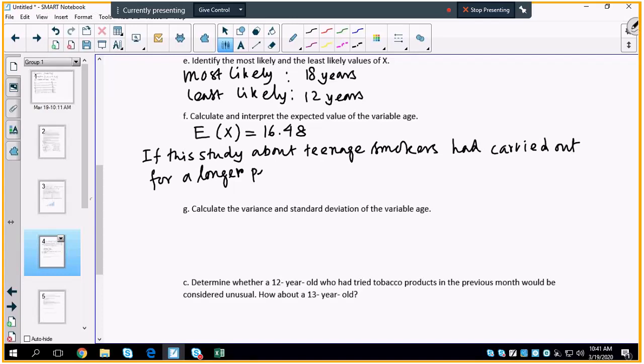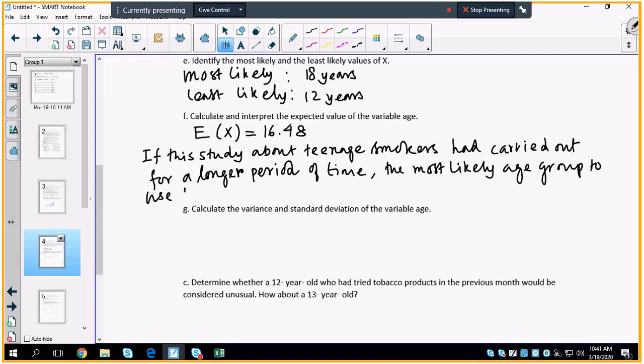So we will just go with the words for a longer period of time. If you have done this study for a long time, the most likely age group to use tobacco products will be between 16 years old and 17 years old.